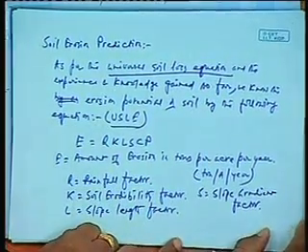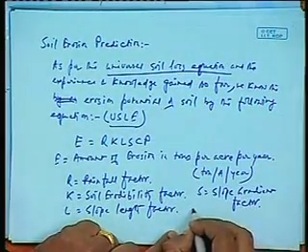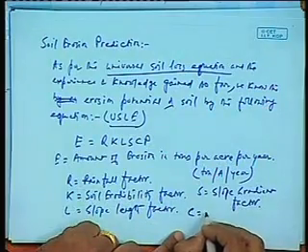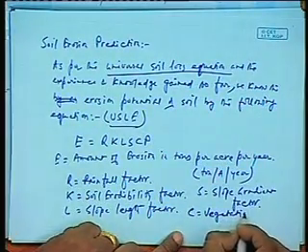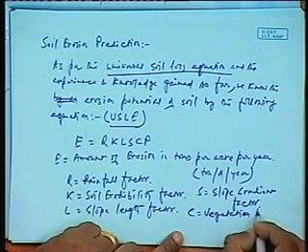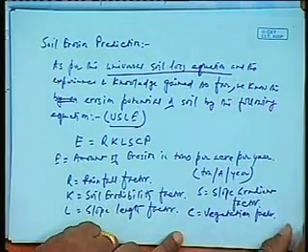Slope gradient factor. C is the vegetative factor, or vegetation factor.